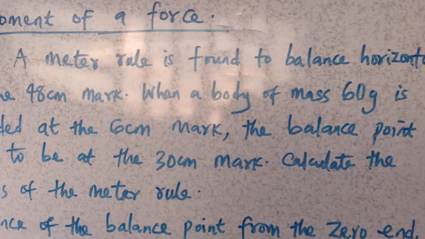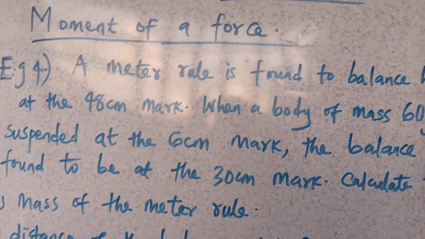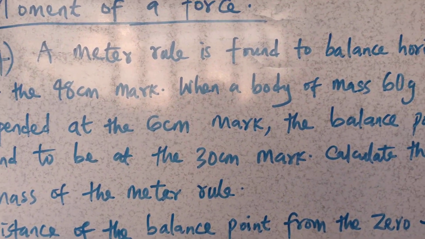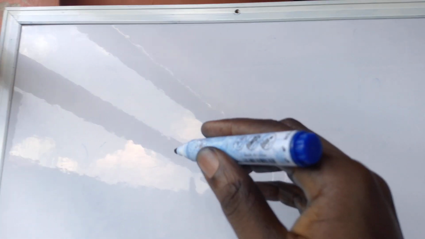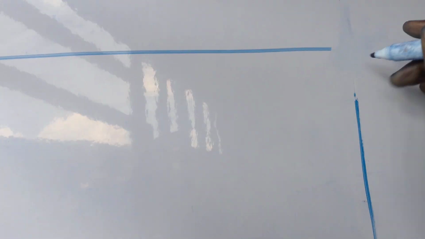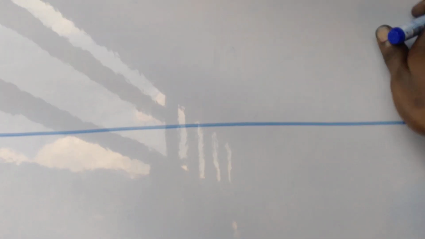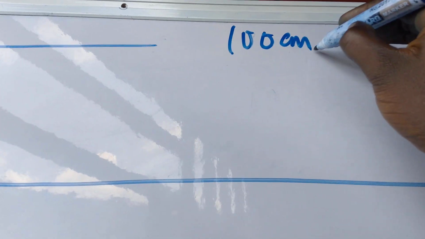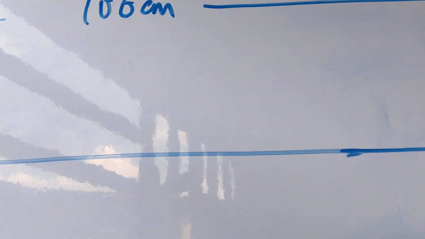says a meter rule is found to balance horizontally at the 48 centimeter mark. Let's take that down. Okay, so this is our meter rule, and the total length of the meter rule is 100 centimeter.